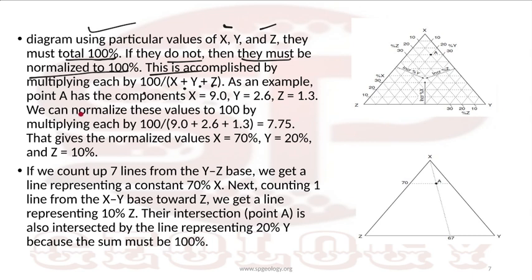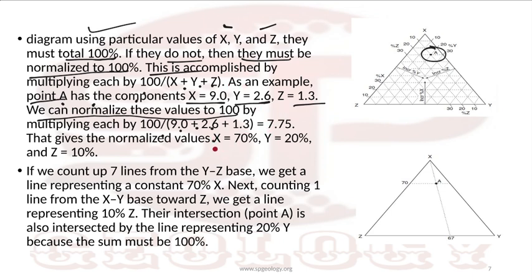This is done like 100 by x plus y plus z. As an example, suppose point A has a composition x 9, y 2.6, z 1.3. You have to normalize this to 100%. You multiply each by 100 by 9.0 plus 2.6 plus 1.3, that is 12.9.